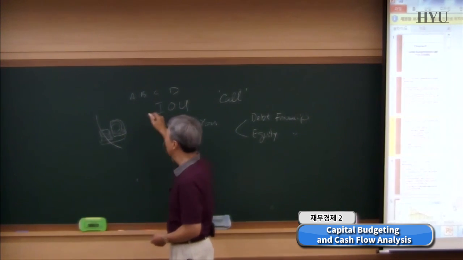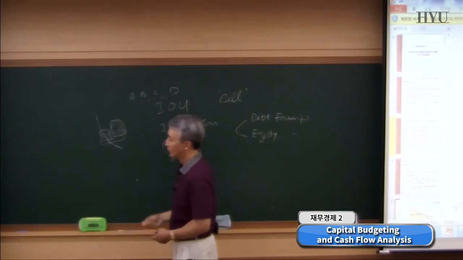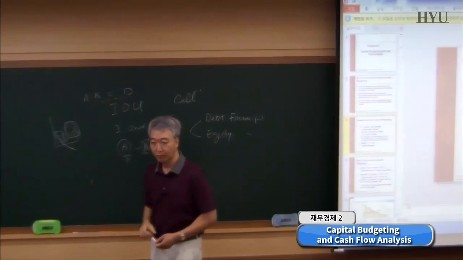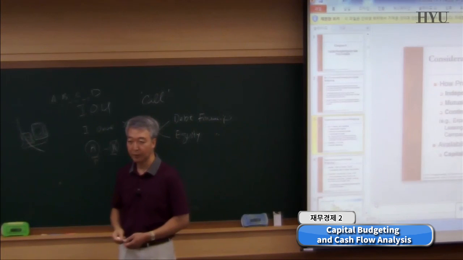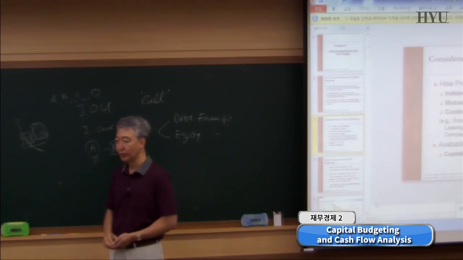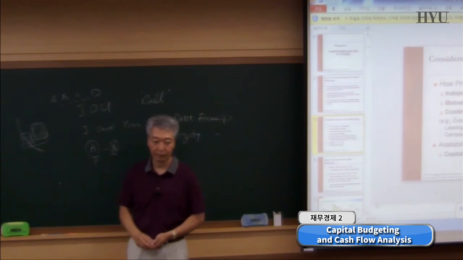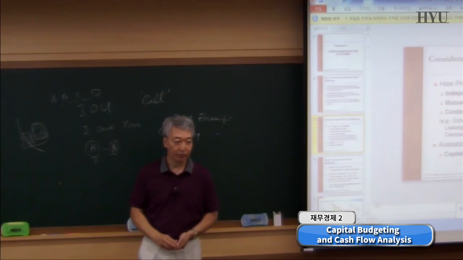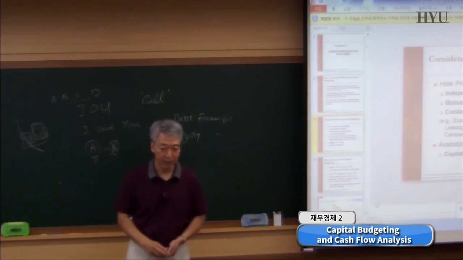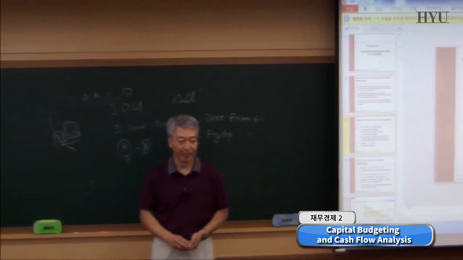But in order to start on all 4 projects, you need, say, $100 million, okay? But right now, the best you can do is $70 million, okay? You know, considering all the sources of fund, including bonds and whatever, right? Your financial manager says, well, right now, 70 million is the best we can do, okay?